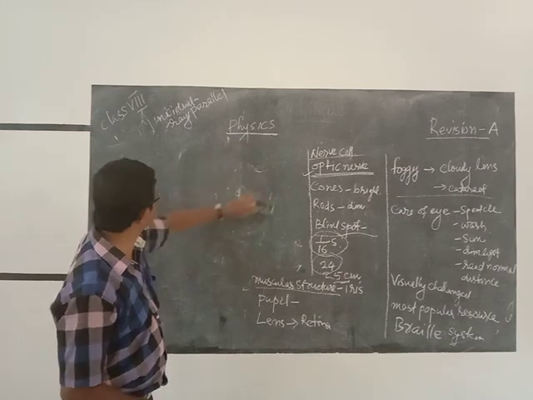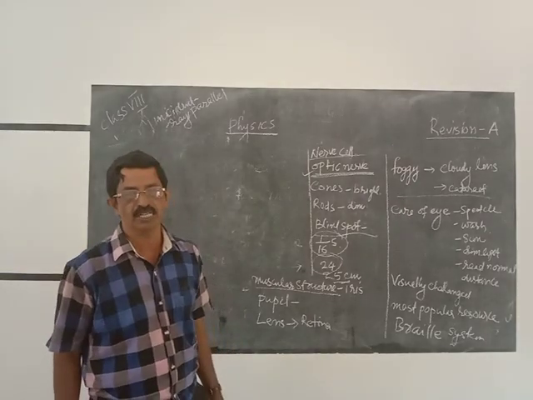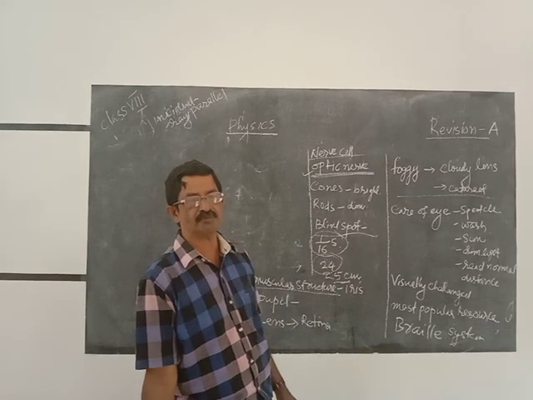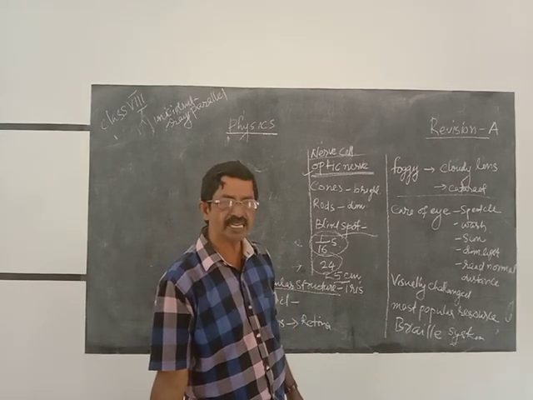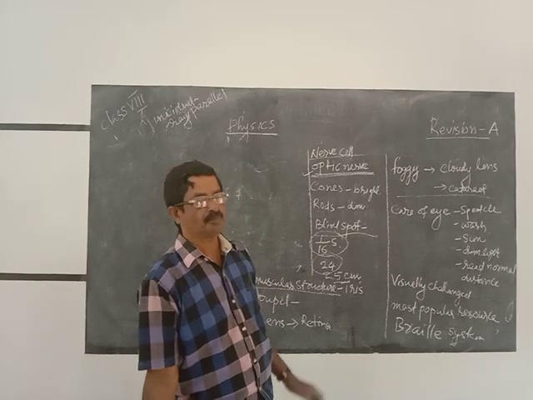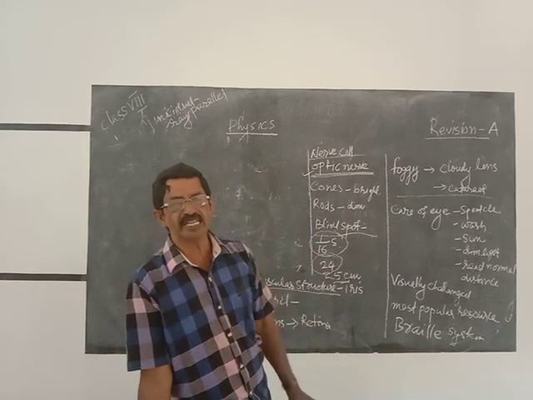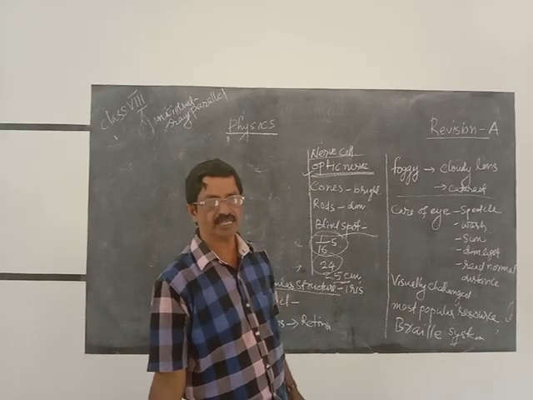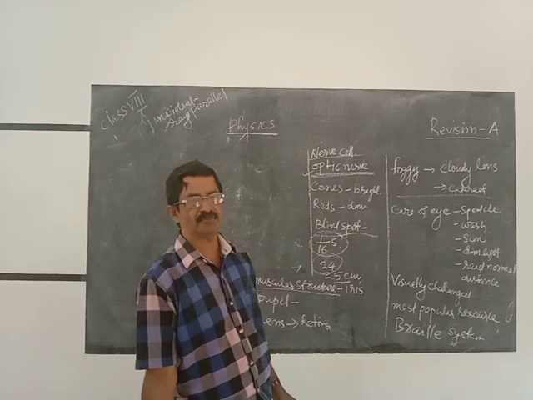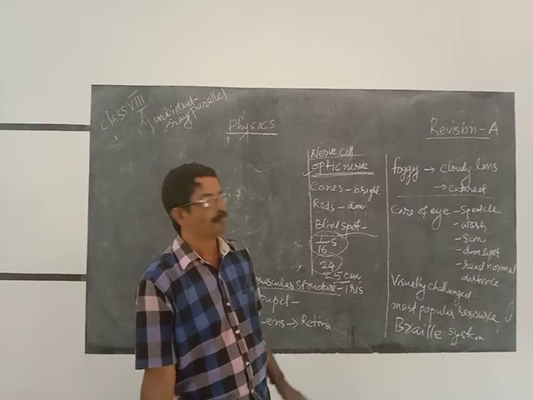Some persons can see near object clearly, but they cannot see faraway object clearly, and that defect is called short sight. But in other cases, some person can see distant object clearly, but they cannot see nearby object clearly, and that defect is called long sight.